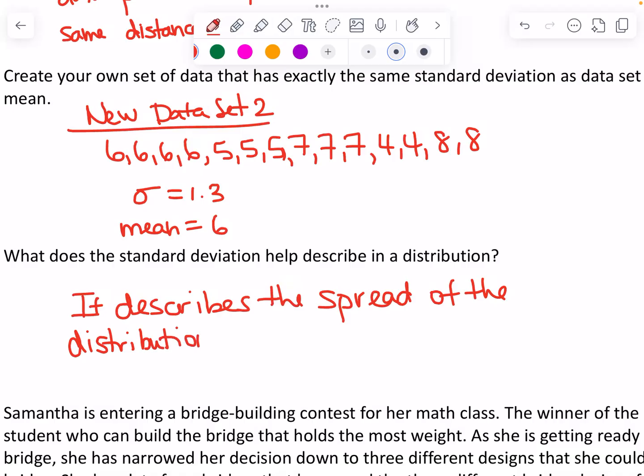So how far away are the data points from the mean? And that's like in both directions. It's describing the spread from the mean.